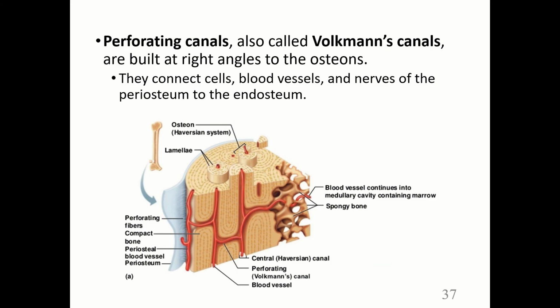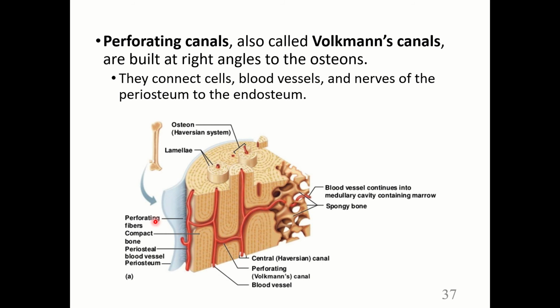Perforating canals, also called Volkmann's canals, are built at right angles to the osteons. These connect cells, blood vessels, and nerves of the periosteum on the outside of the bone all the way to the endosteum in the center of the bone.